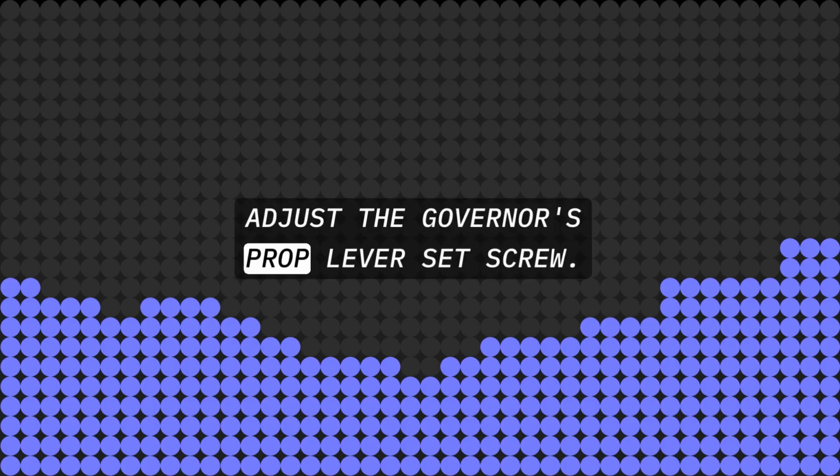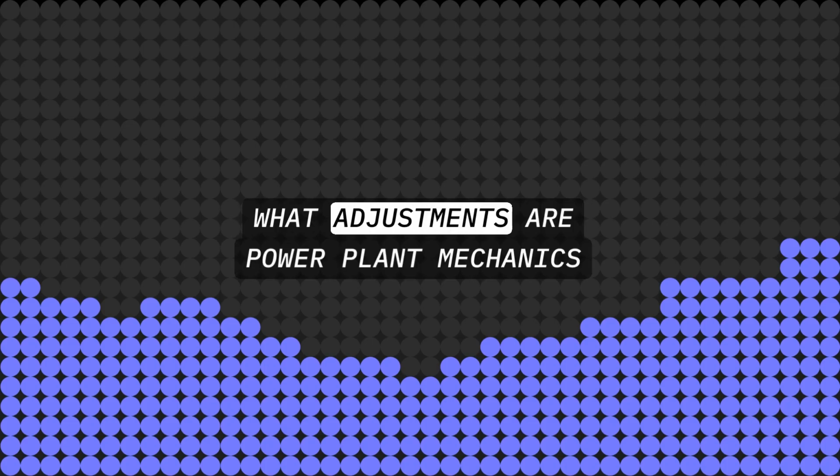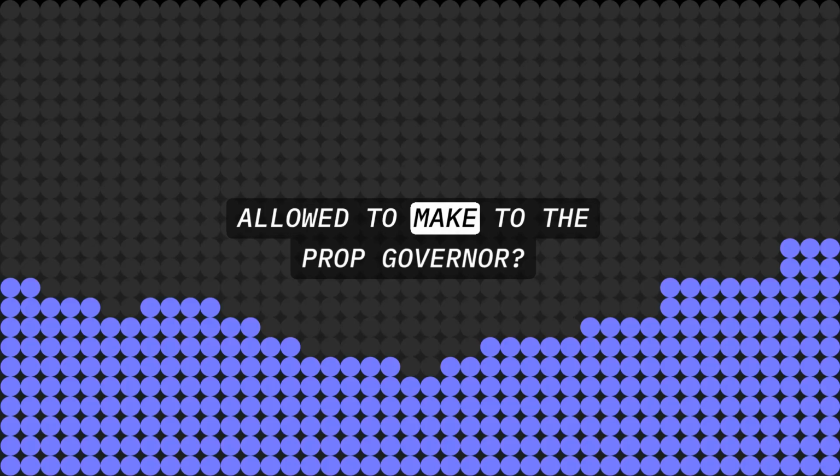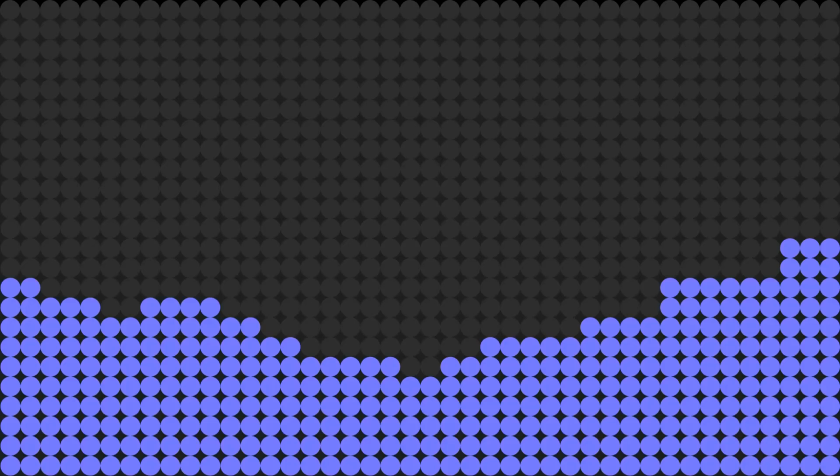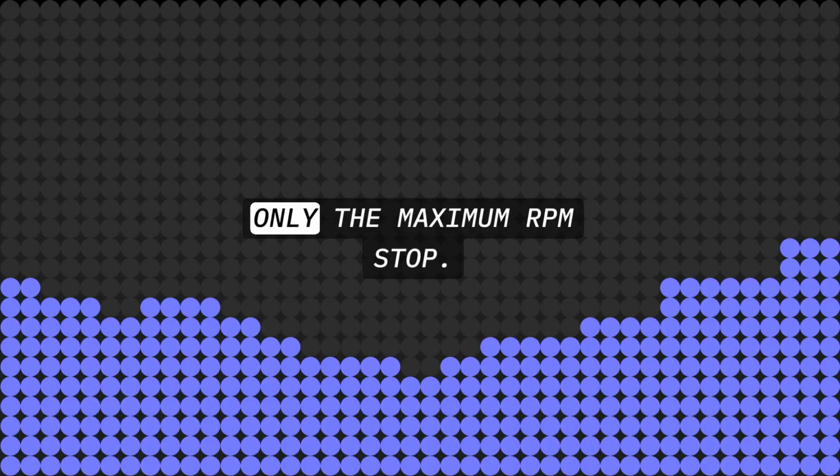Adjust the governor's prop lever set screw. What adjustments are powerplant mechanics allowed to make to the prop governor? Only the maximum RPM stop.